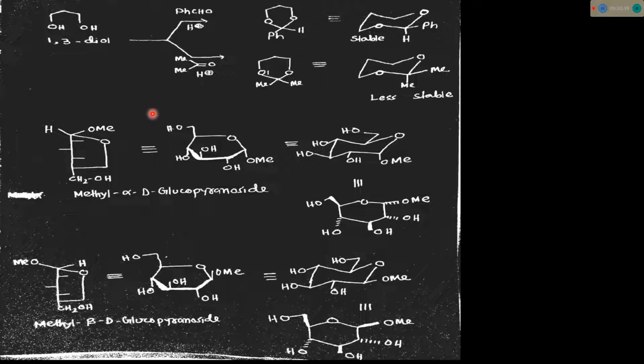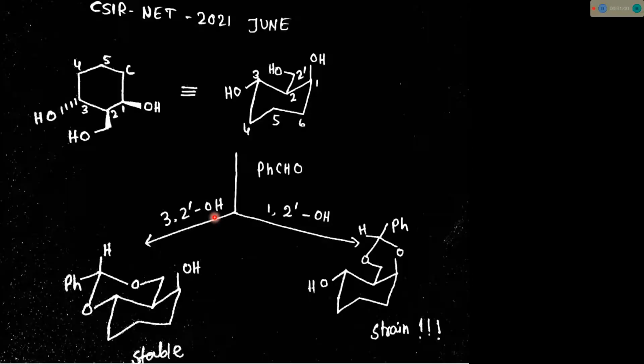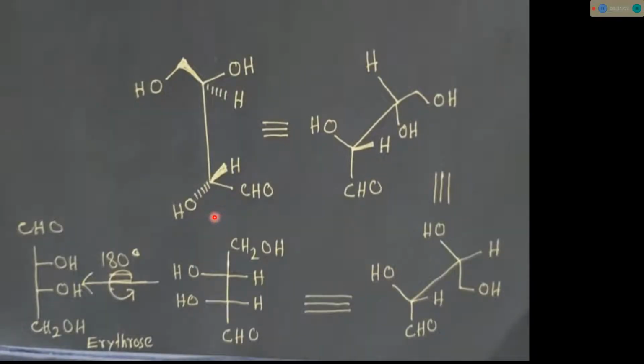We took this structure and we showed the mechanism taking this structure. Now see, if we take this structure, just simple, these are the same structure, the simple structure of this glucopyranoside, then see how simple the mechanism is.